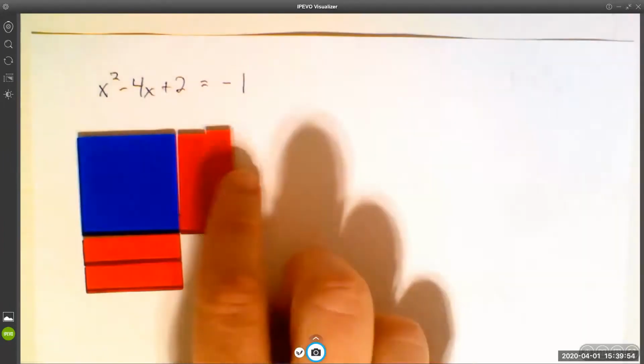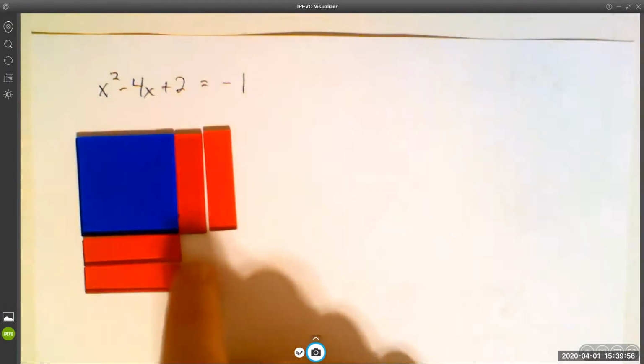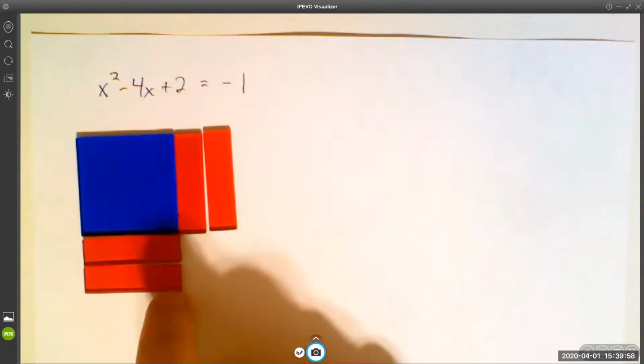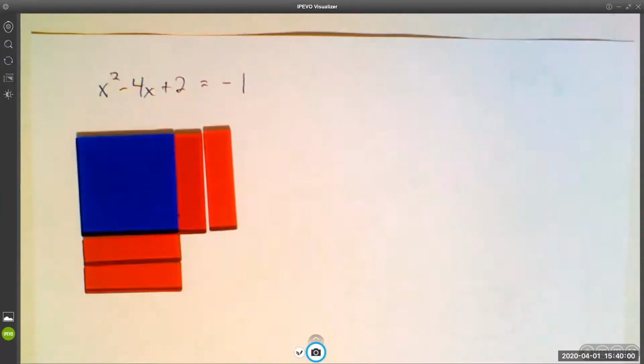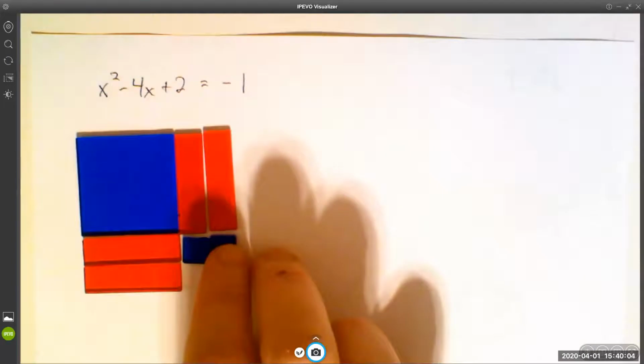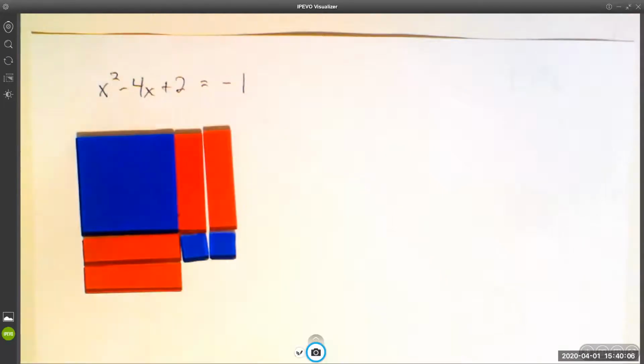And then what that leaves me is a cavity that I need to fill with units. Right now, the way that the equation's written, I only have 2 units. So as you can see, the square is incomplete. On the right-hand side, I have negative 1.